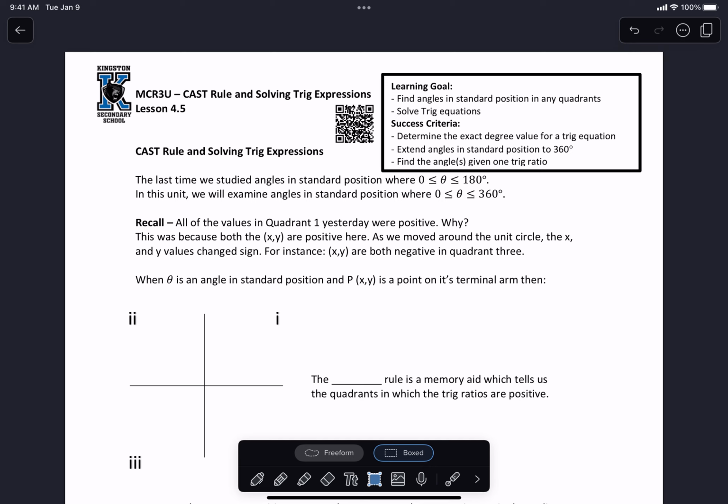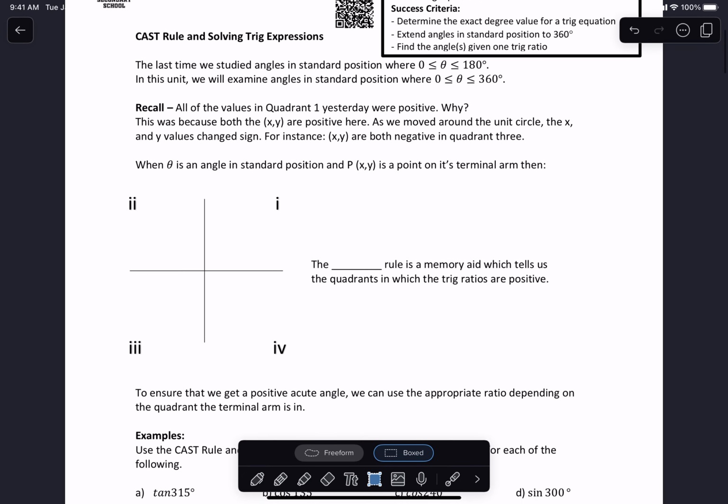We would have seen in that experience yesterday that in certain quadrants, either the x component or the y component of that point is going to be positive or negative. And from that, depending on where you are on the Cartesian grid, we get different trig ratios, specifically the signs on the trig ratios, depending on which quadrant we're in.